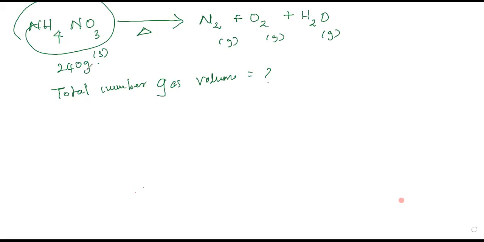And the volume occupied at standard temperature and pressure is also given. That is 22.4 liter, or you can say 22.4 decimeter cube, per 1 mole. If not, you have to mention per mole, whatever it is. So let's do this question.